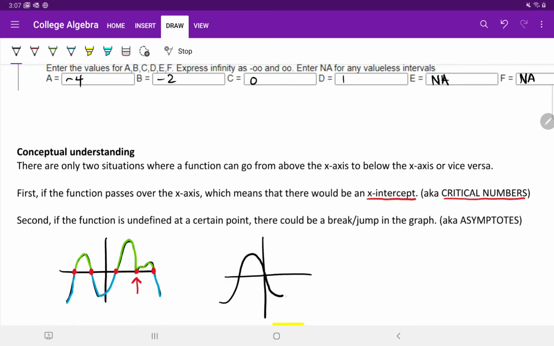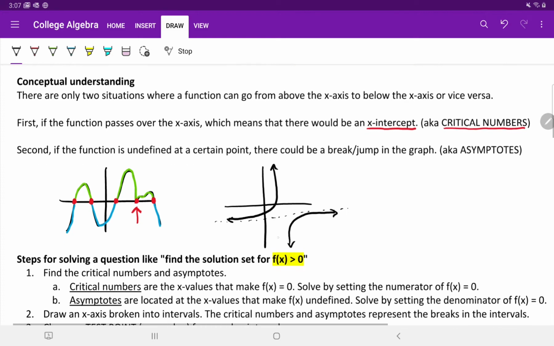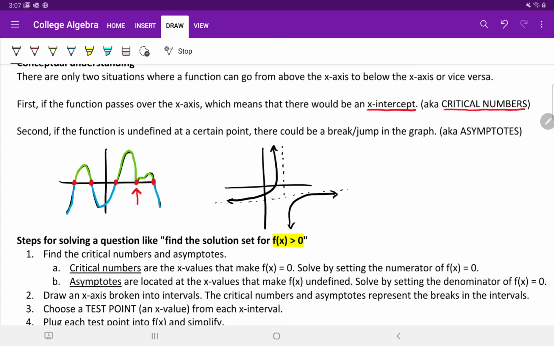Let me draw something a little different. All right, so here's our function. You might have seen some functions like this in the past where they might have an asymptote that they're getting really close to, or even a vertical asymptote.